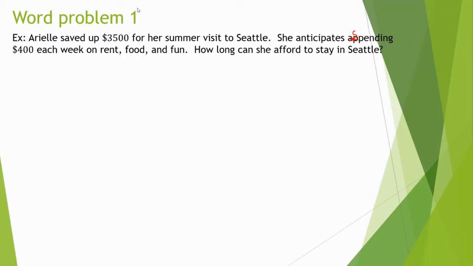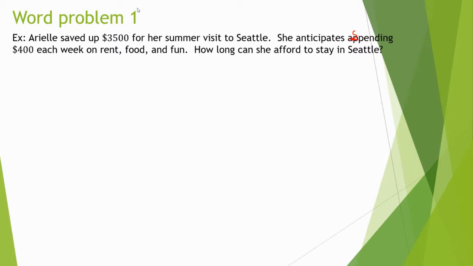Okay. We want to know, how long can she afford to stay in Seattle? Well, we read the problem, right? And there are two quantities that are changing. For one thing, time is changing.